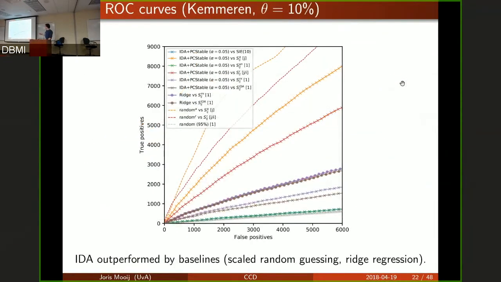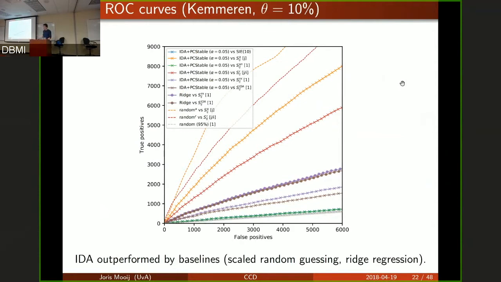If we move on to another data set, Kemmeren, then we don't even have to remove ineffective interventions. Actually, here, I think all of the interventions are more or less successful in this data. And you see that all of the IDA ROC curves are outperformed by one of our simple baselines, either the scaled random guessing or, in this case, ridge regression.